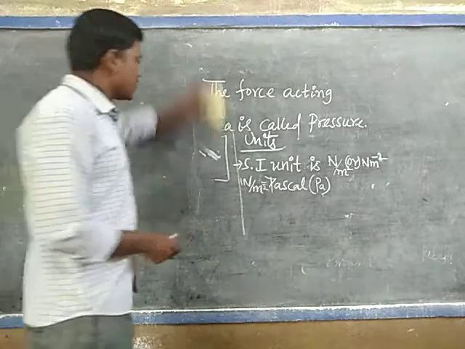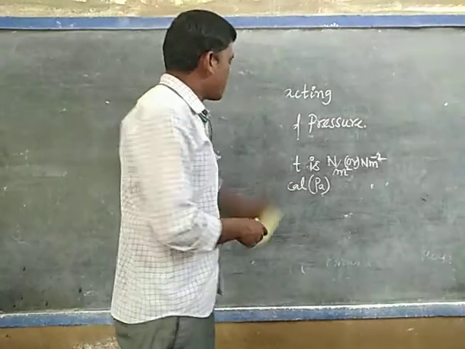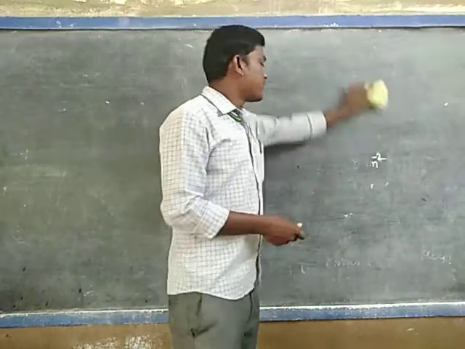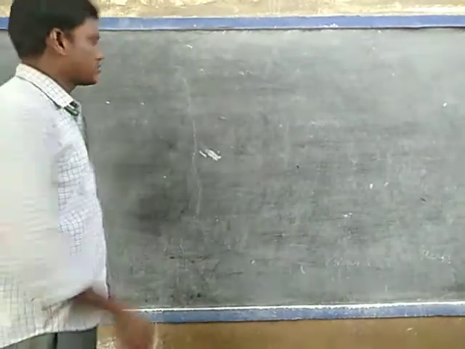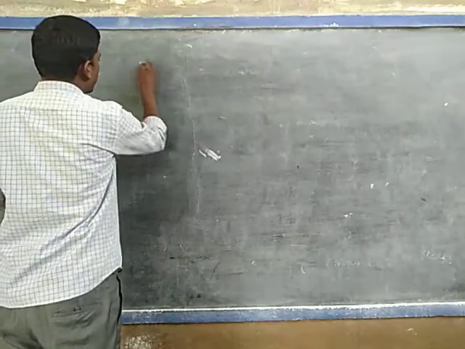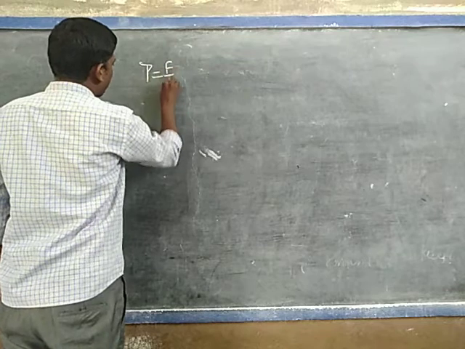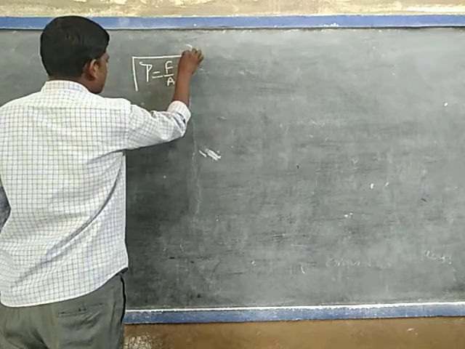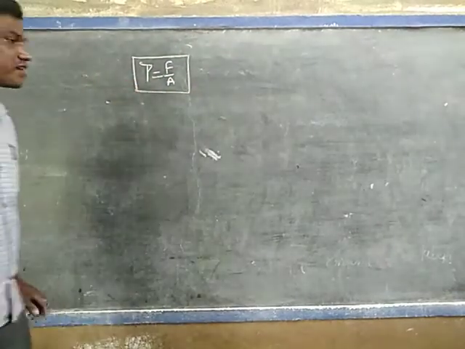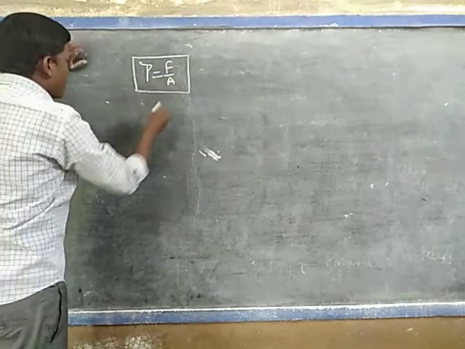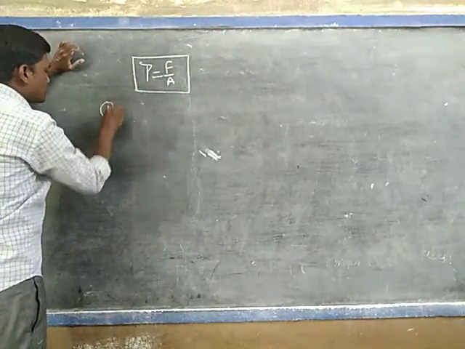Now we discuss how pressure depends on the force and area. We know that P is equal to F by A. This is the main formula of pressure. From this formula, we understand two concepts.